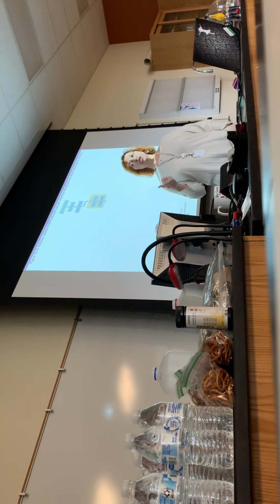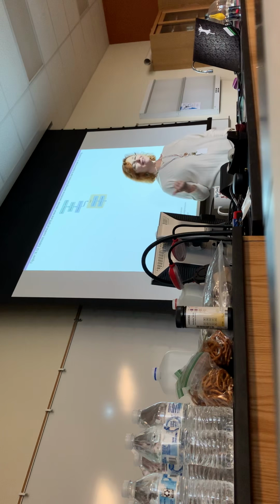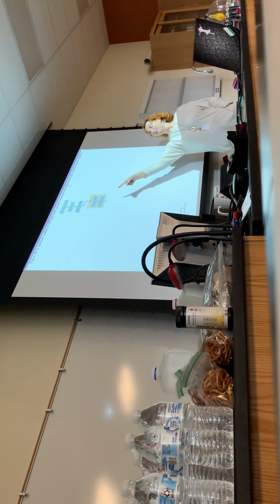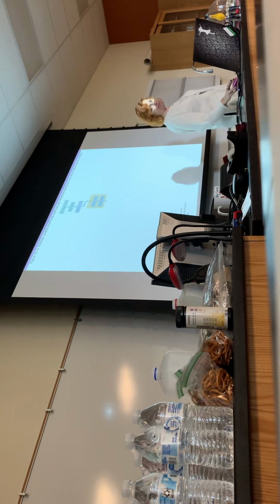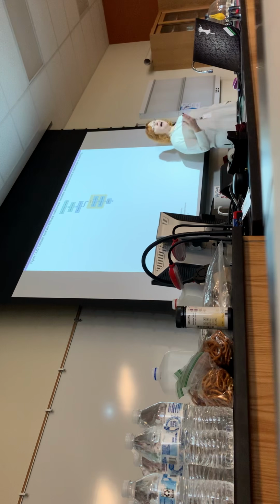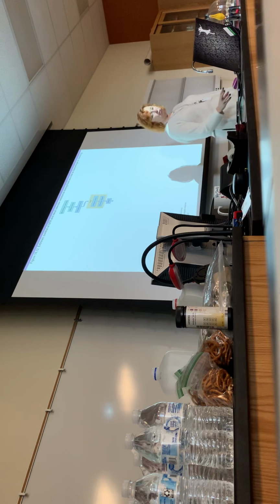So I've decreased stroke volume, and even if I keep my heart rate the same, if I've decreased stroke volume, I've decreased cardiac output. If I decrease cardiac output, I decrease MAP, right? Mean arterial pressure.